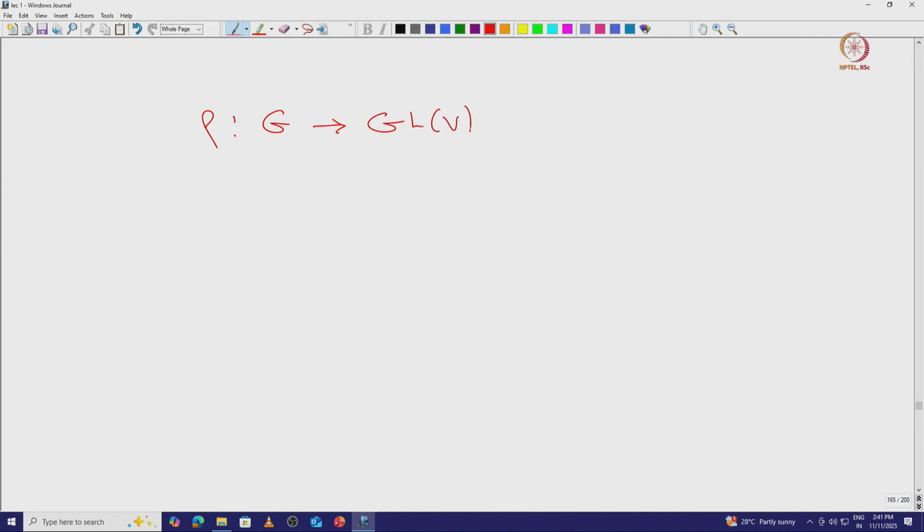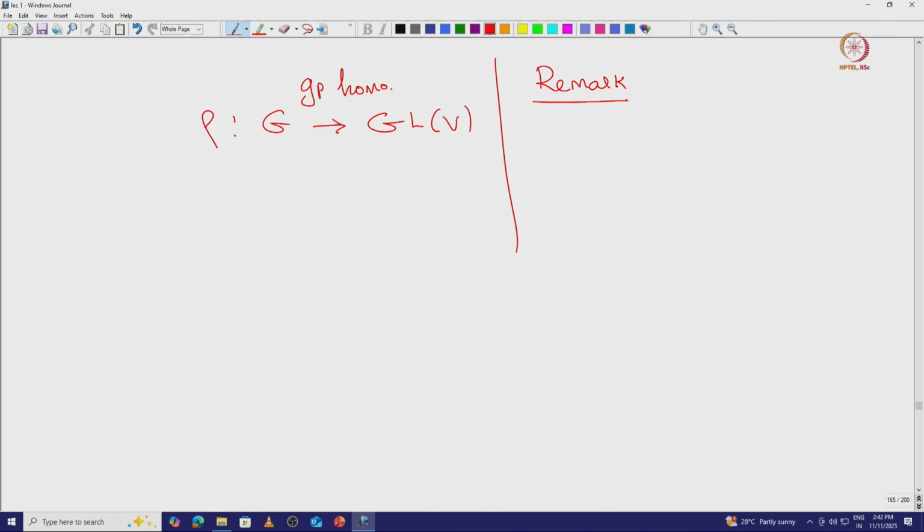Now, if we know some generators of G, then we will be able to say immediately that this rho is indeed determined by its action on the generators. So, here is the remark. It is already given that this is a group homomorphism, which means it is a representation.